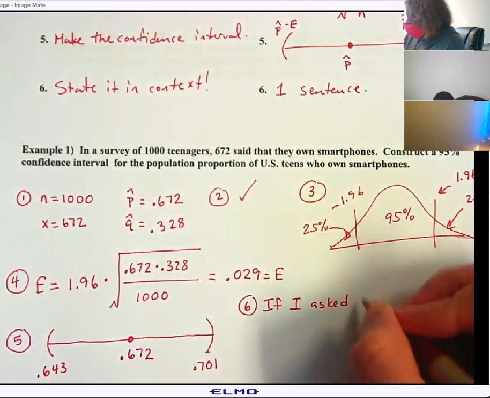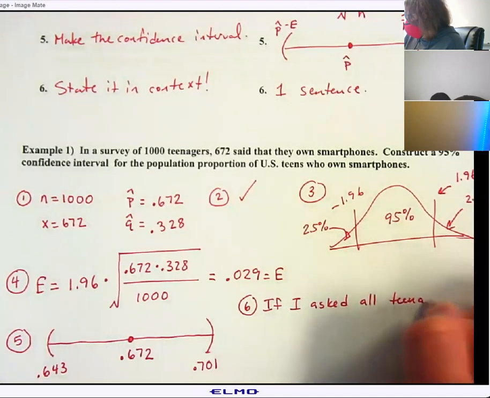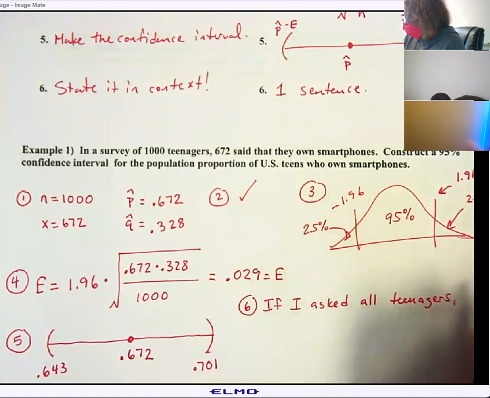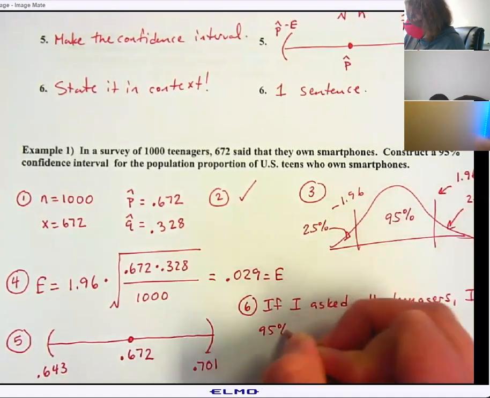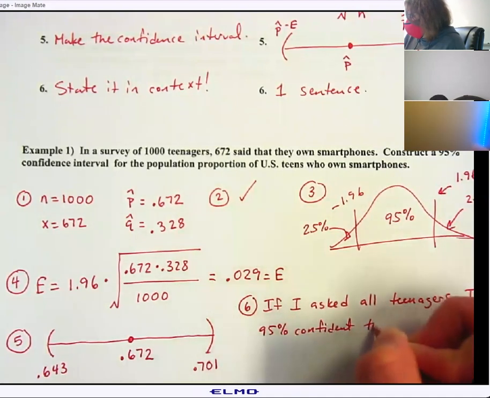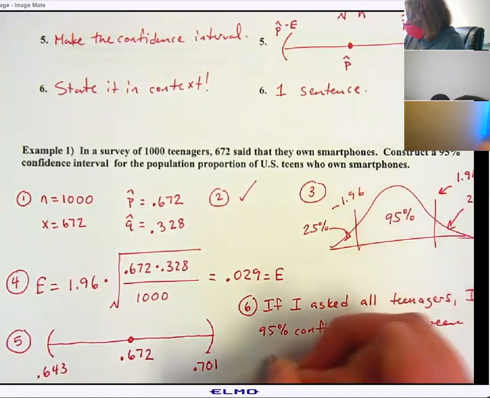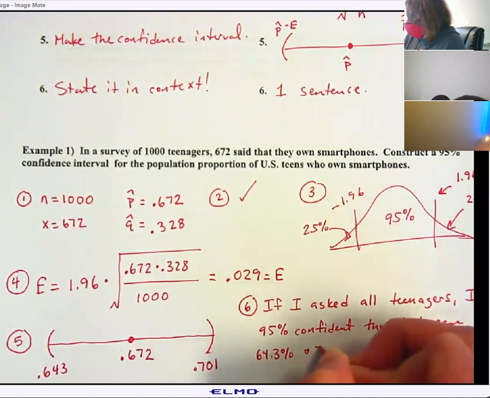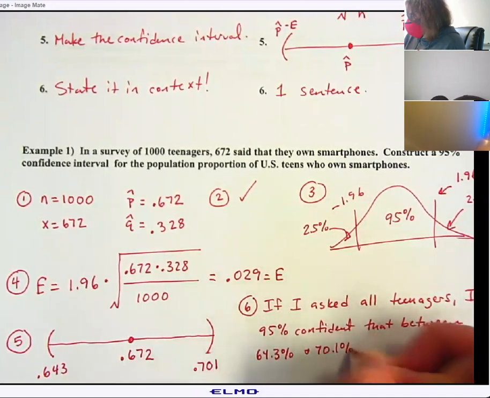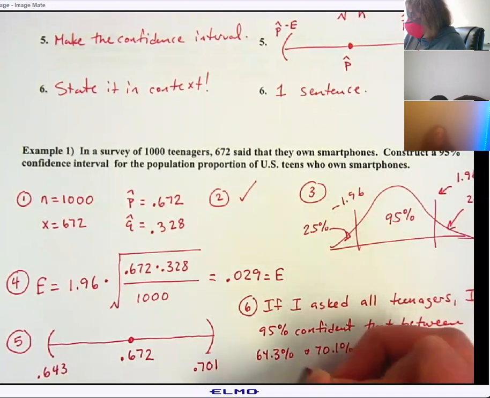Then you can say, if I asked all teenagers, I'm 95% confident that between 64.3% and 70.1% would own smartphones.